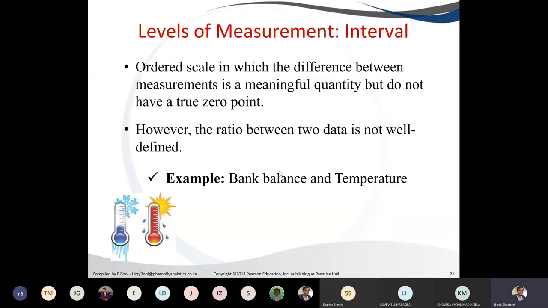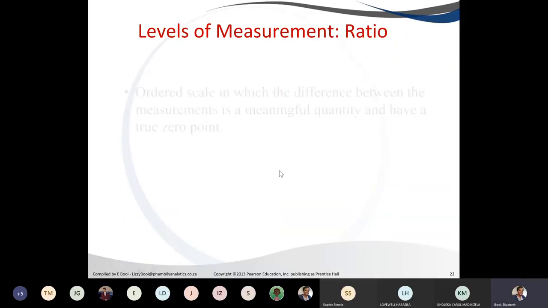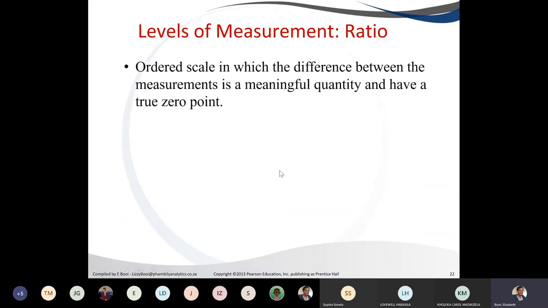The other level of measurement is what we call the ratio. Like with the interval, you are able to calculate the difference between measurements and get a meaningful answer, because you can calculate the distance between home and the church, or home and school. And it has a zero point.